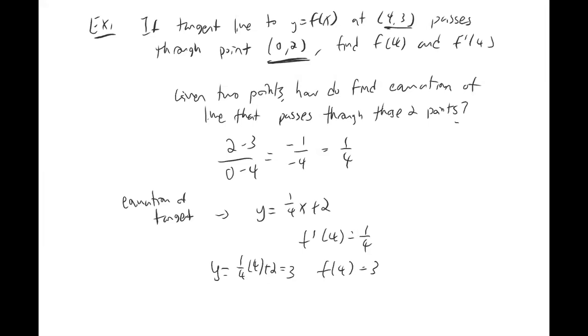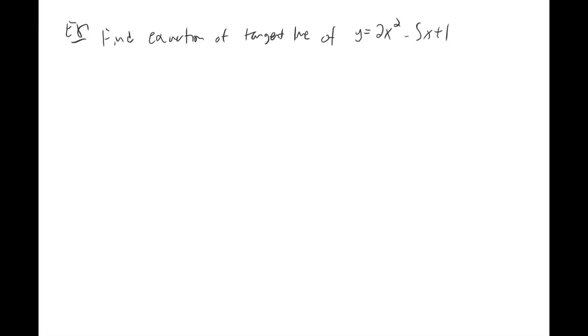Okay. So let's do one more thing and then we'll call it a day. This one might be a bit hard. Find the equation of the tangent line of my function y equals 2x squared minus 5x plus 1 at 3, 4.